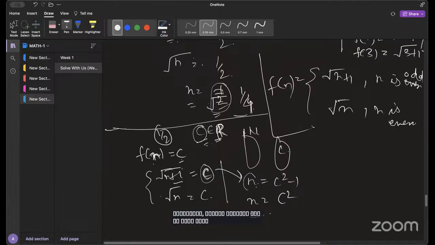Now this is what it looks like. An odd natural number such that f(n) is equal to c looks like this, c square minus 1. And an even natural number such that its image is c looks like this, right?